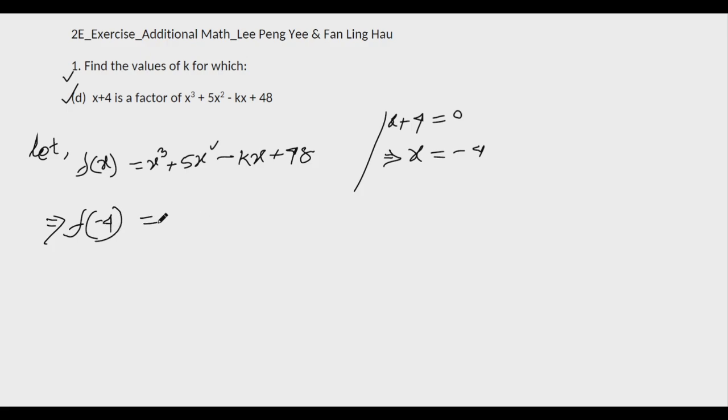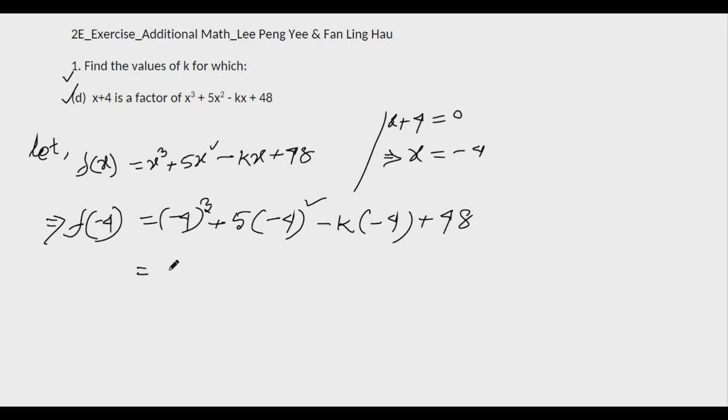So we will get f of minus 4 is equal to minus 4 whole cube plus 5 into minus 4 whole square minus k into minus 4 plus 48. So if you calculate this one, from minus 4 whole cube, we will get minus 64.